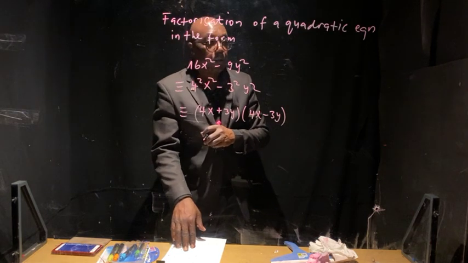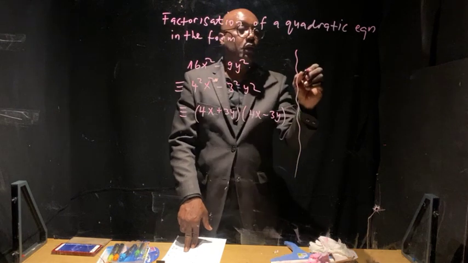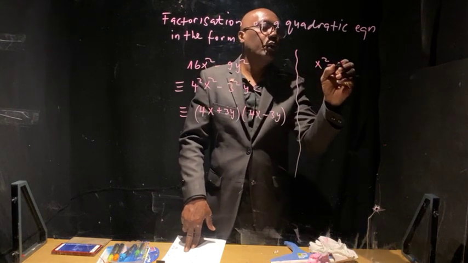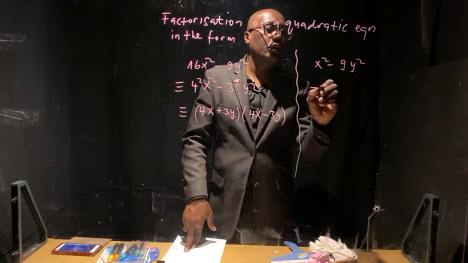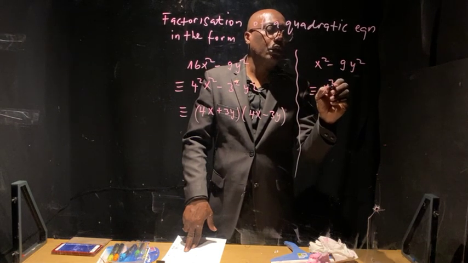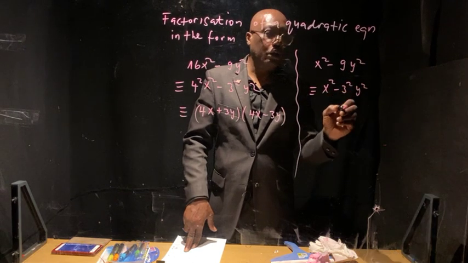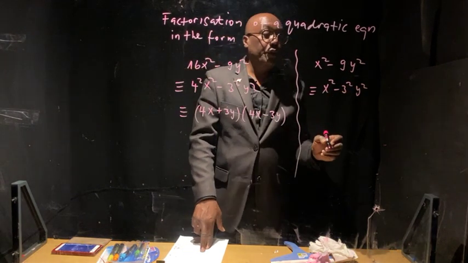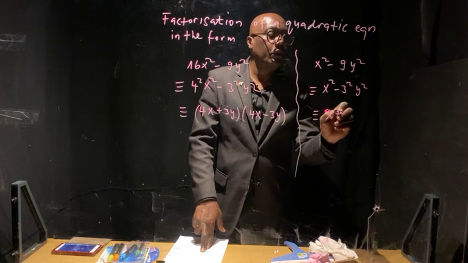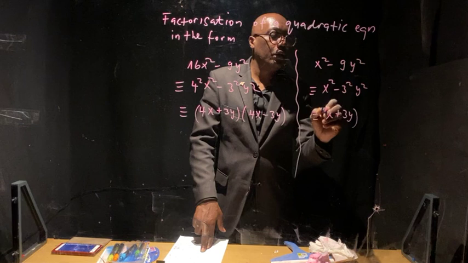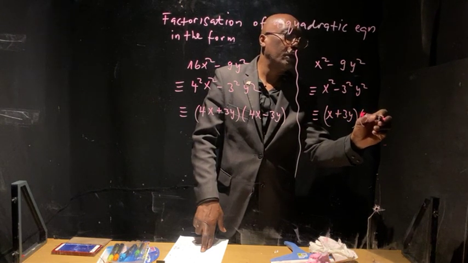Let's take another example. If you have x squared minus 9y squared, this is not different from x squared minus 3 squared y squared, which is no different from x plus 3y multiplied by x minus 3y.